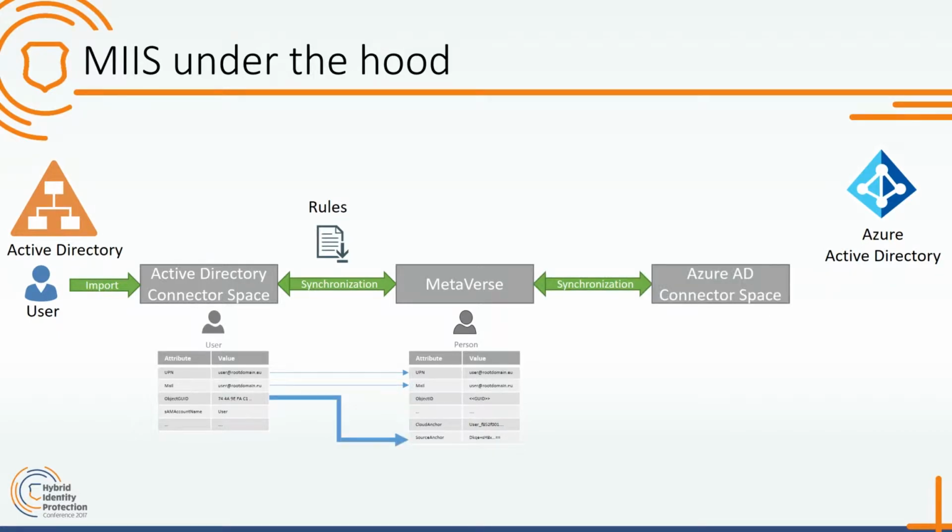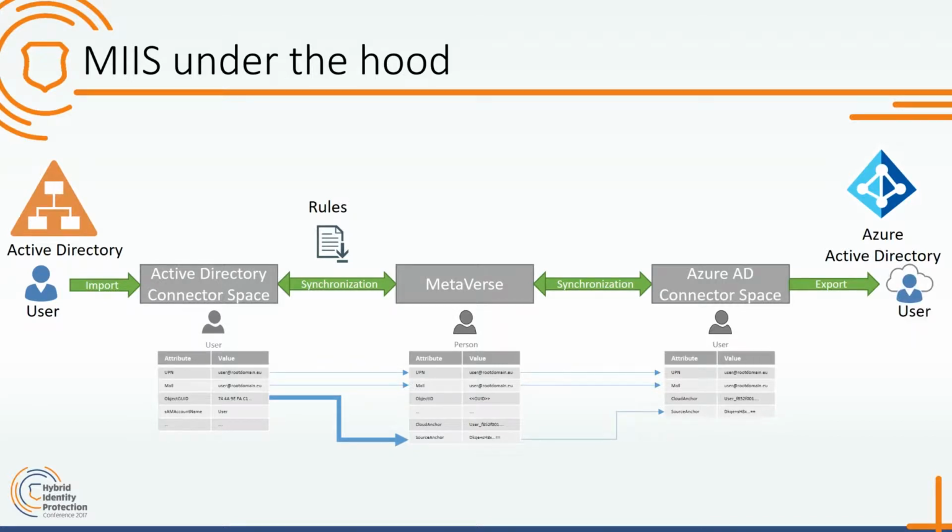Then we do another synchronization from the metaverse to the Azure AD connector space, the other management agent, and that one actually does the export into Azure Active Directory. From Azure Active Directory, we can also do an import, apply additional rules, and add additional information into the metaverse.